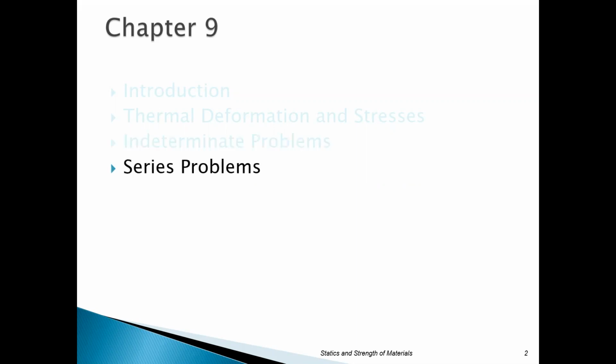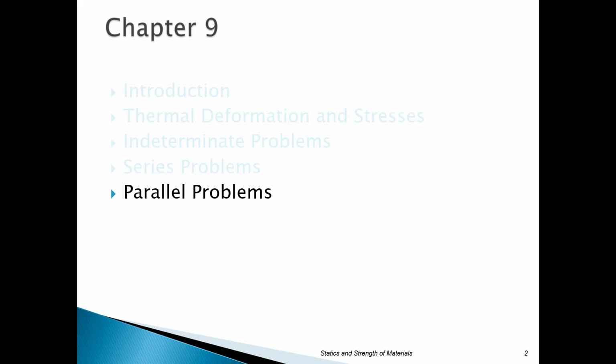What we'll call a series problem type is when two or more materials are acting in series. So that's an indeterminate series problem, in other words. And then the other kind is what's called an indeterminate parallel problem, where two materials are acting together, but they're in a parallel form. We'll explain what that means as we get into that.